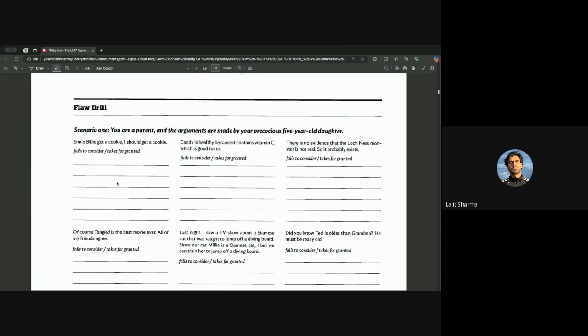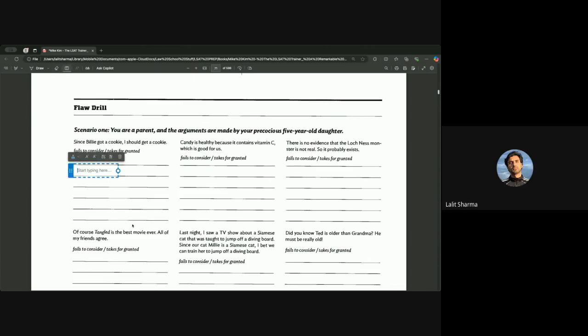Not in a relationship where they're taking a person for granted, but a different situation. I'm not sure how to explain it in a definition way. That's fine.